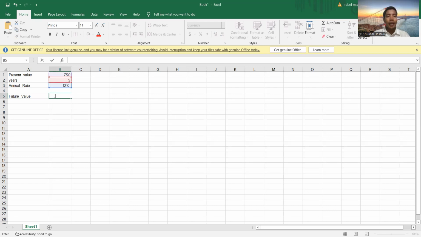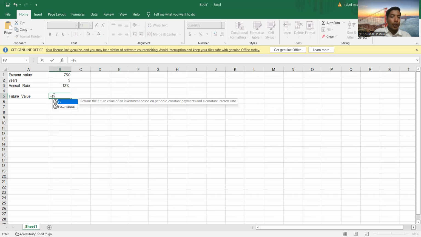So for getting the amount we have to click the equal sign. First of all, we have to give an equal sign, and after giving the equal sign, what do we want? We want future value, so write down FV. I have written FV, then after FV we have to give the first bracket.